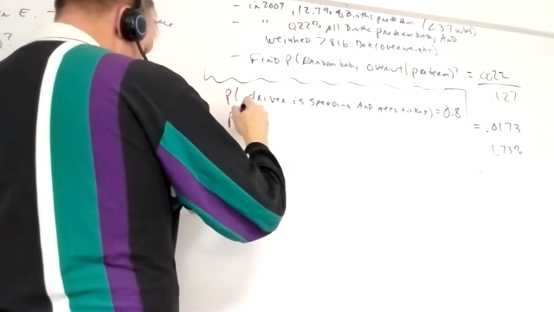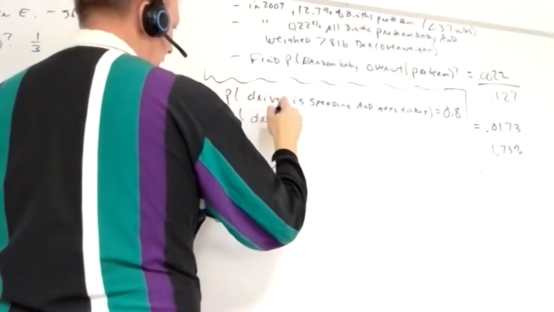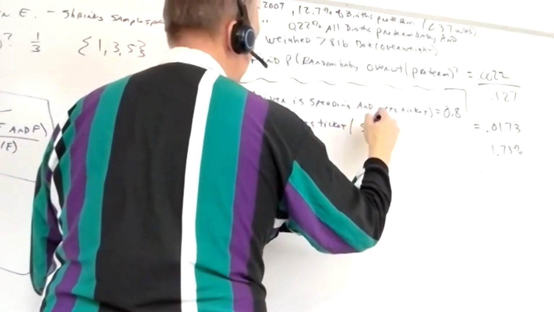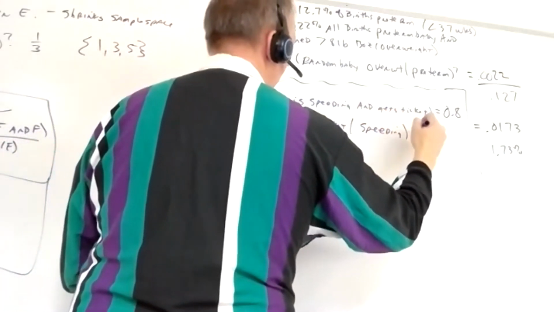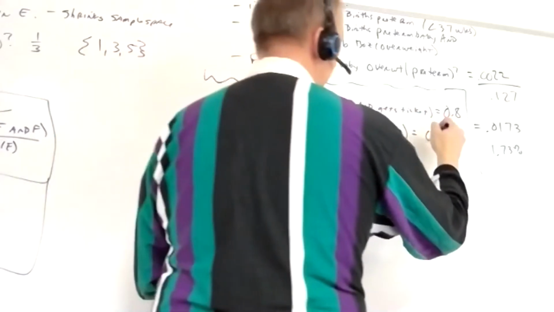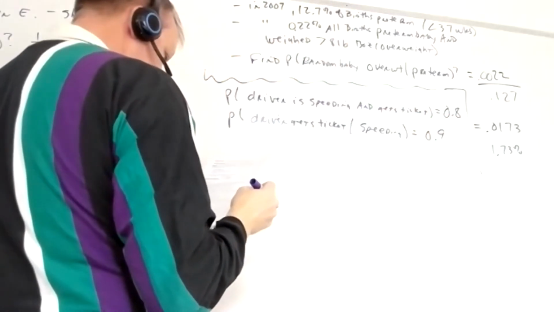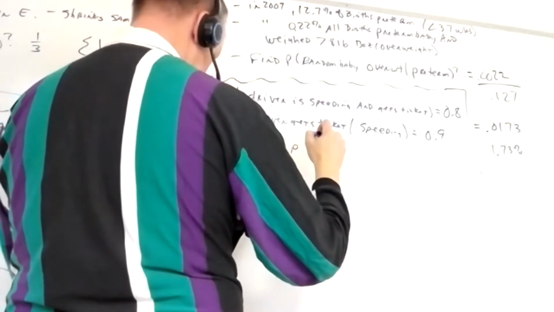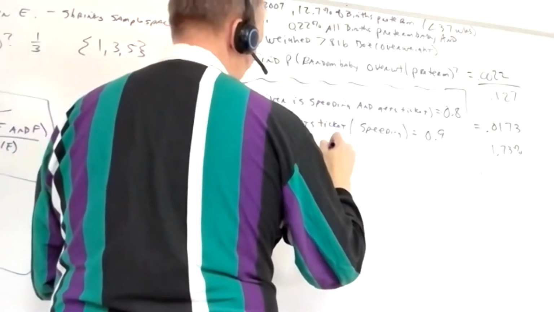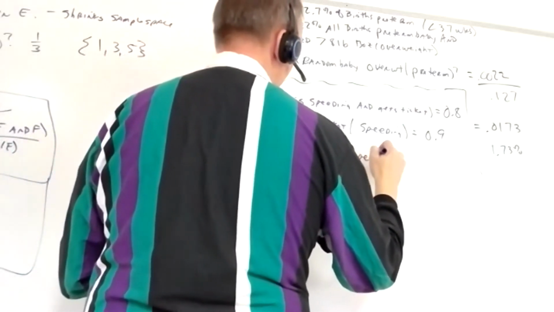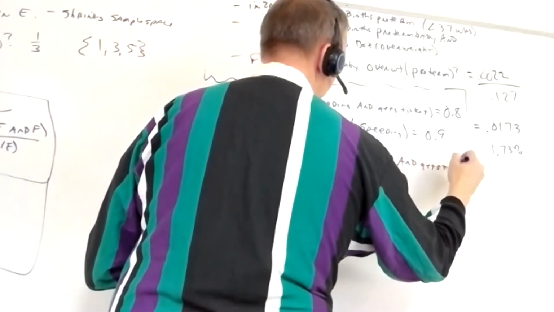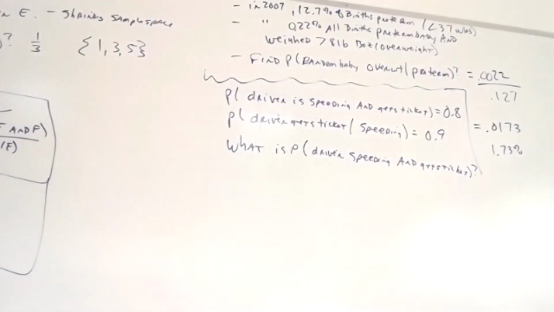Let's say that the probability that the driver gets a ticket, given that they were speeding, equals 0.9. What is the probability that a driver is speeding and gets a ticket? You can think of those as percentages, yes. Okay?